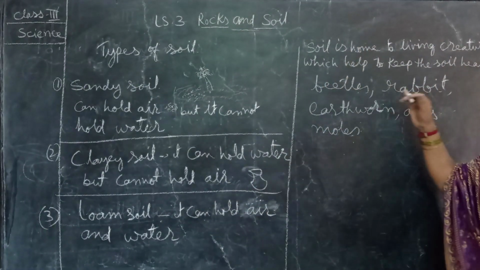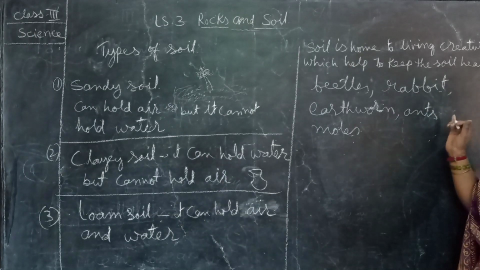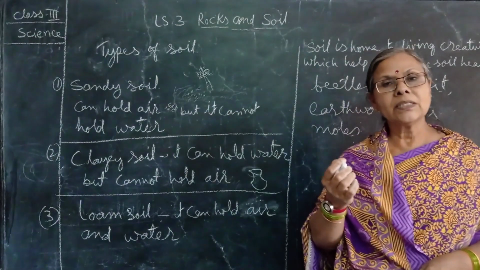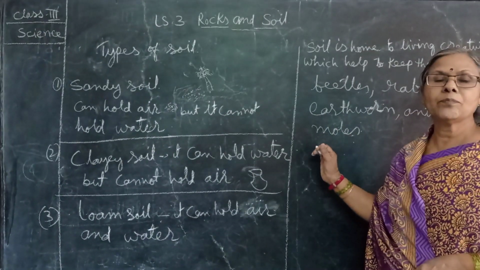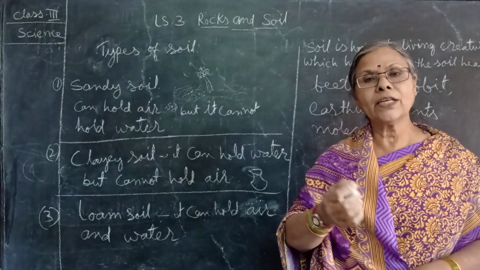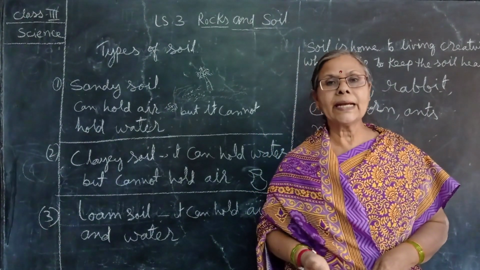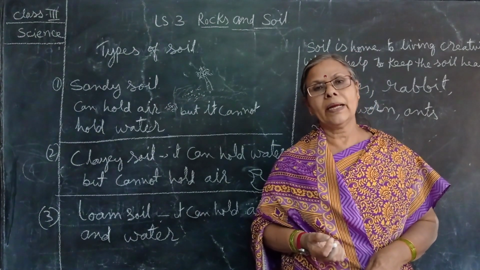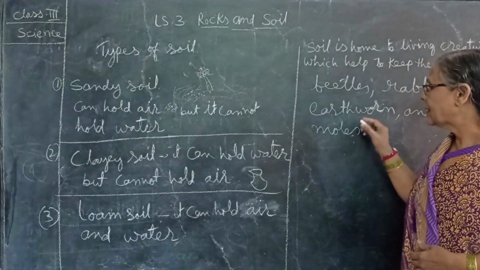Here, soil is home to living creatures which help to keep the soil healthy. Whatever bacteria, whatever germs are there, these creatures may eat them and keep the soil healthy. Sometimes it happens that ants make the soil loose so that air can enter inside the soil and give air to the plants, and they can breathe.